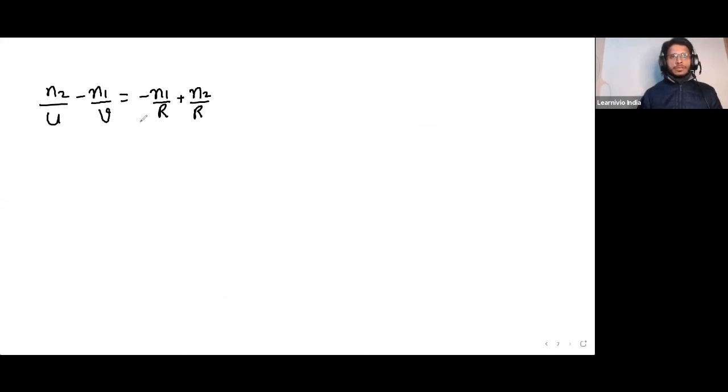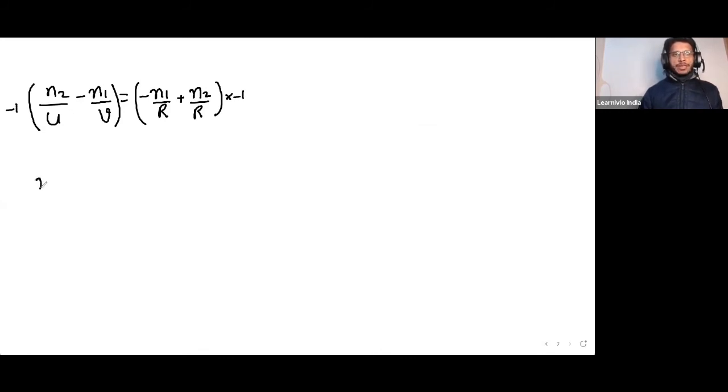So this is the expression, but just to convert this into a form that matches the case of rarer to denser, I'm multiplying the whole term with a negative sign. This I can do, right? I can multiply both sides of the equation with minus 1. I'm doing this just to bring it to a standard form that you can remember easily.